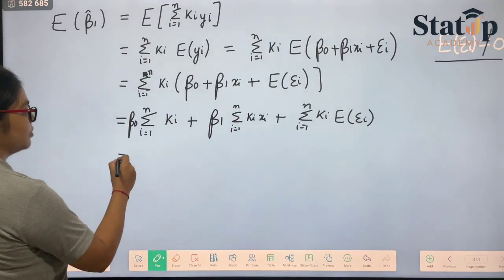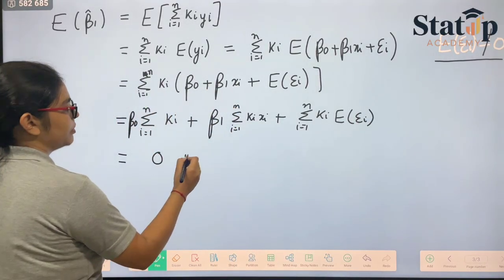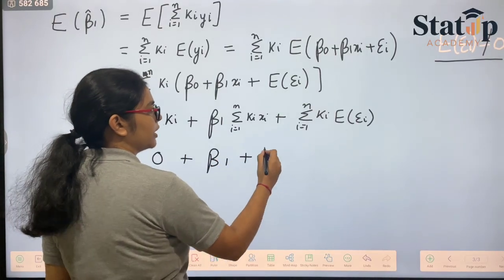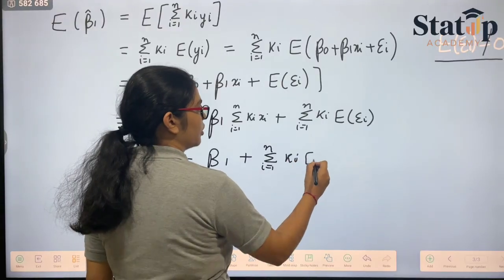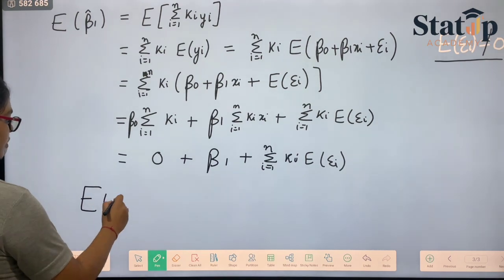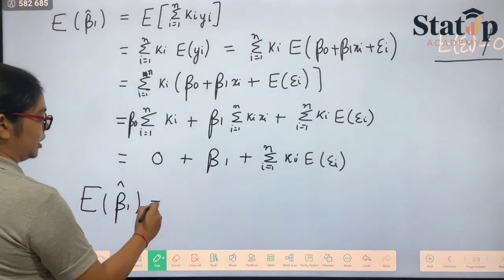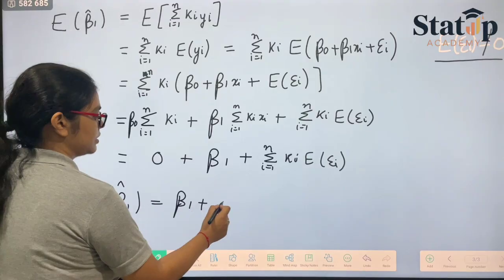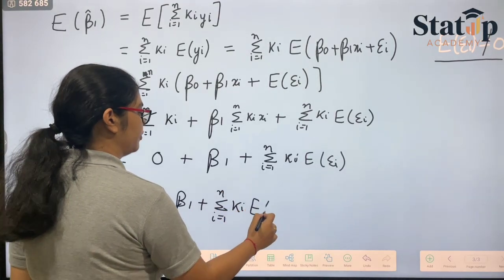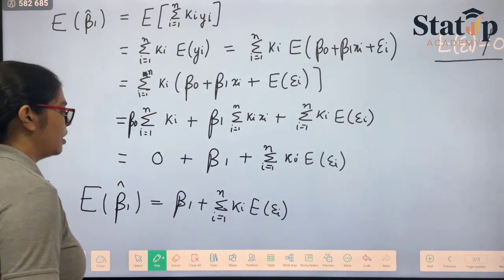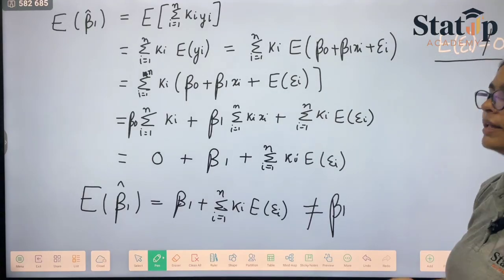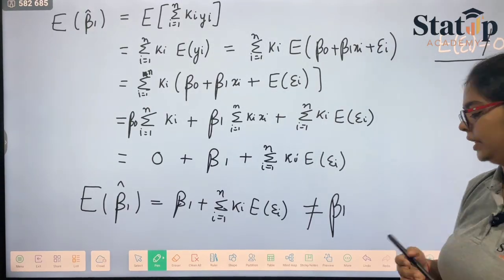This will become 0, this will become beta 1, and this will be summation i goes from 1 to n ki expectation of epsilon i. So we can say that expectation of beta 1 cap is nothing but beta 1 plus summation i goes from 1 to n ki expectation of epsilon i, which is not equal to beta 1, and hence this is not an unbiased estimator of beta 1.